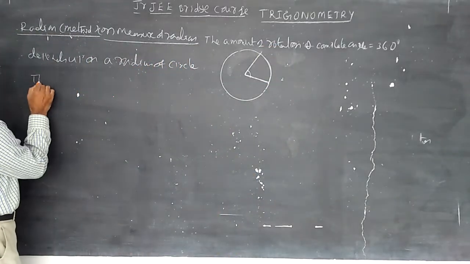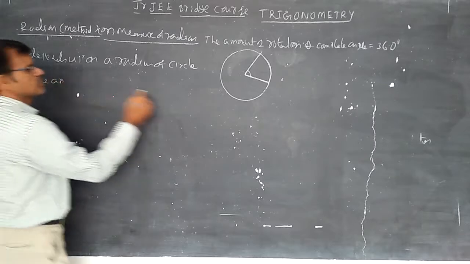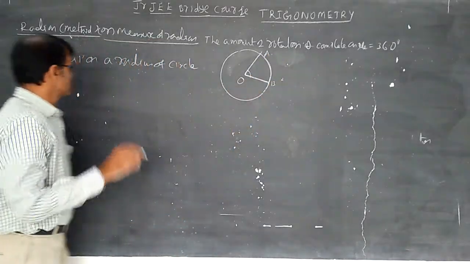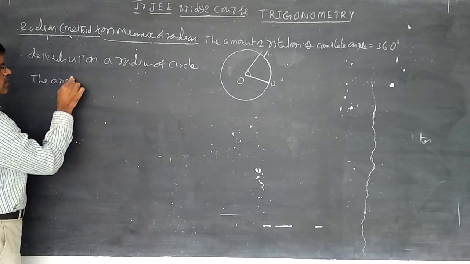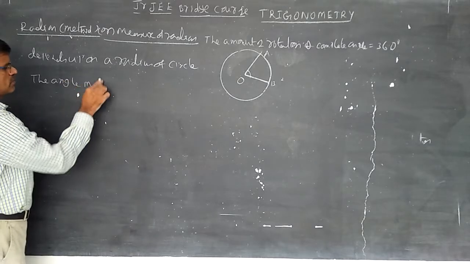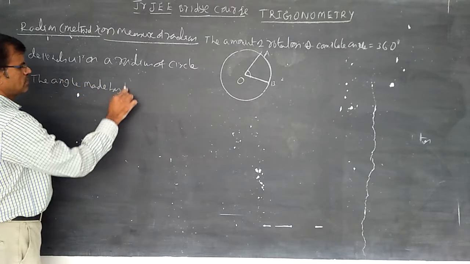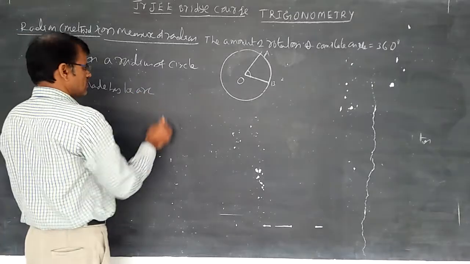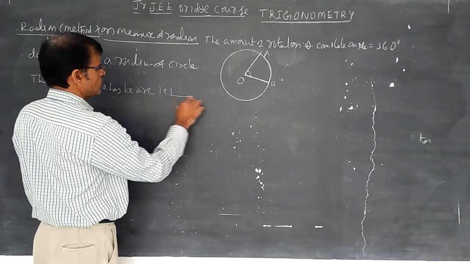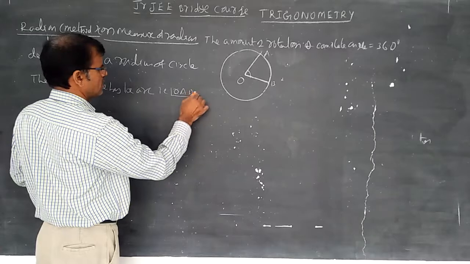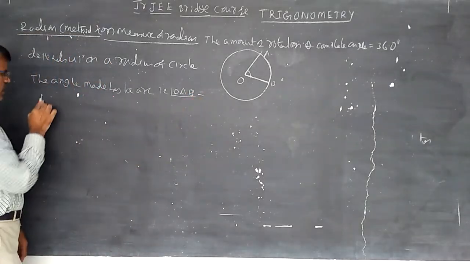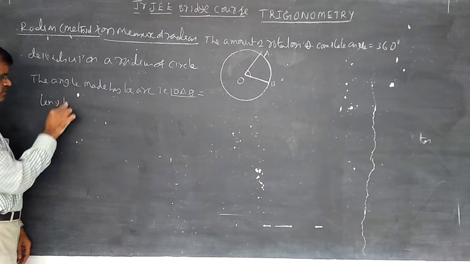The angle made by the arc, put here the name OAB, that is angle OAB, is equal to the length of radius.